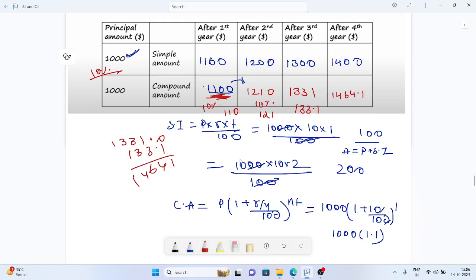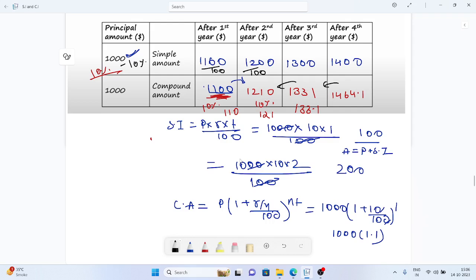So the main difference you see: here we calculate 10% of the principal, 100, here also 100, like this. But here the compound interest changes because it is calculated on the previous amount we get. This is the difference between simple interest and compound interest. Okay, so you got this. Then we move forward.